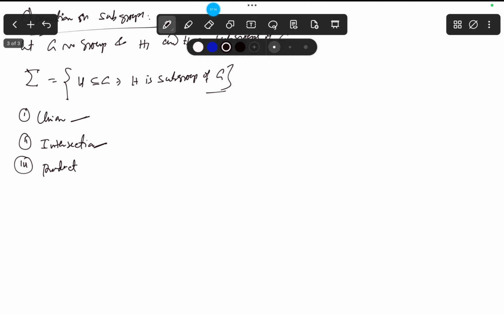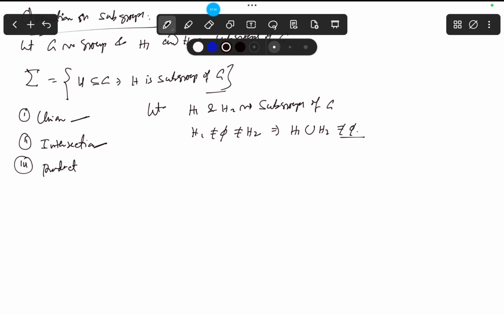So first of all, let H1 and H2, these two are subgroups of G. So H1 is non-empty and H2 is non-empty. That means H1 union H2 must be non-empty.